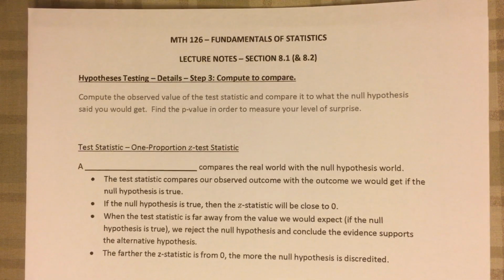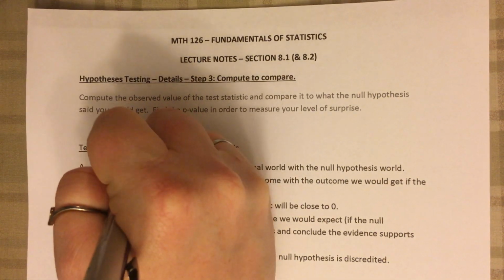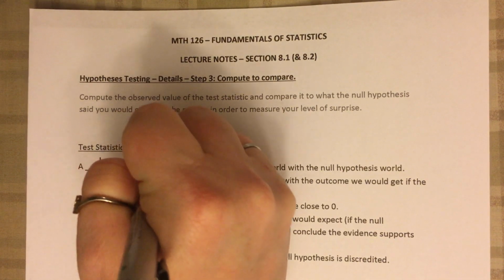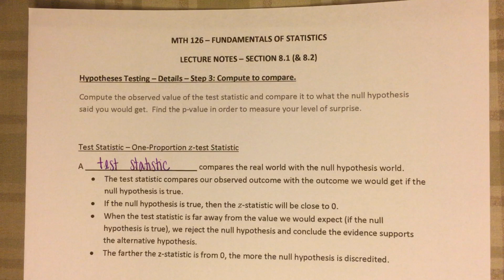So our first definition here is that of a test statistic. A test statistic compares the real world with the null hypothesis world. The test statistic compares our observed outcome with the outcome we would get if the null hypothesis is true. If the null hypothesis is true, then our z-statistic will be close to 0.